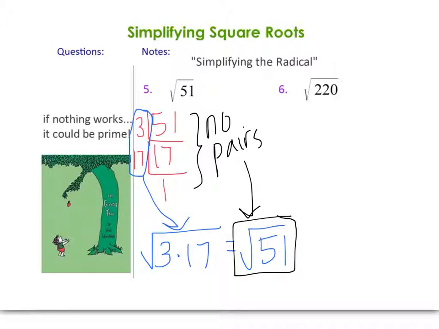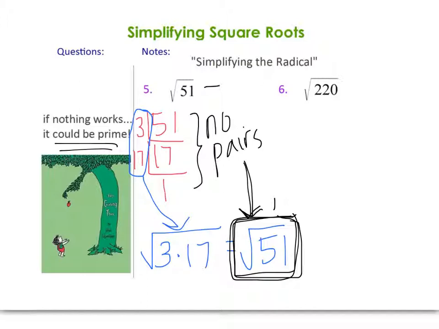There's no way I can simplify the square root of 51 if I do simplifying the radical. Another time this can happen is if the number is prime. So let's say nothing goes into that number besides 1 and itself. You would end up with this case again where your question matches your answer.